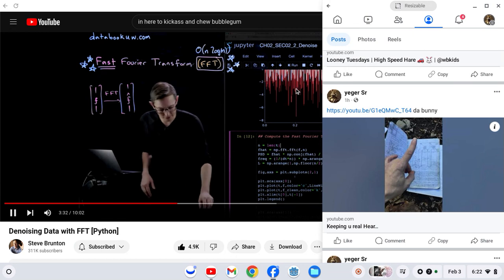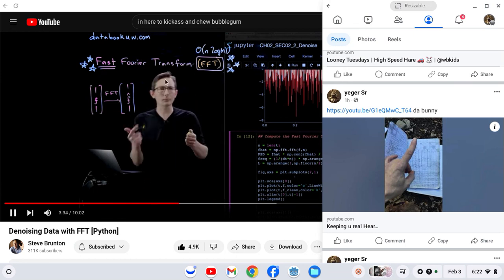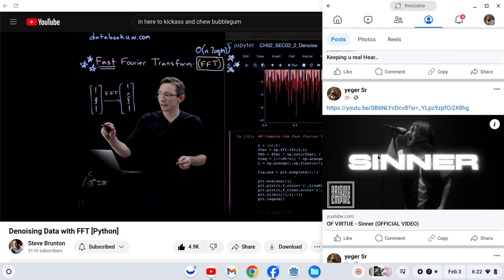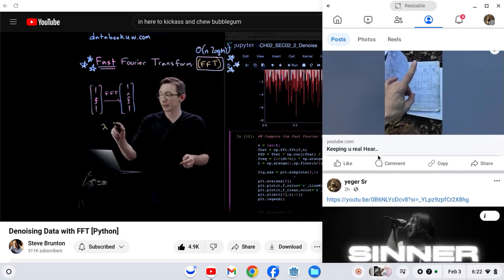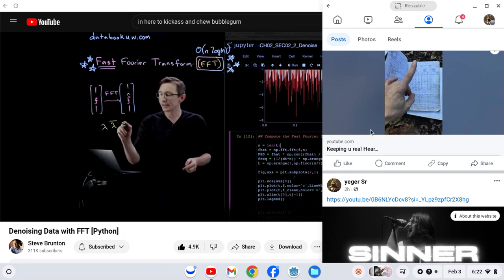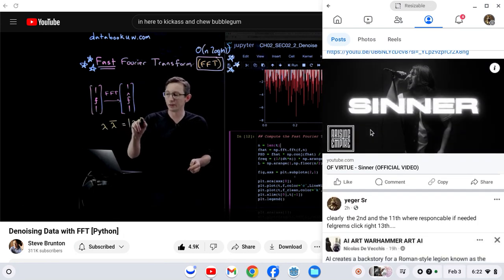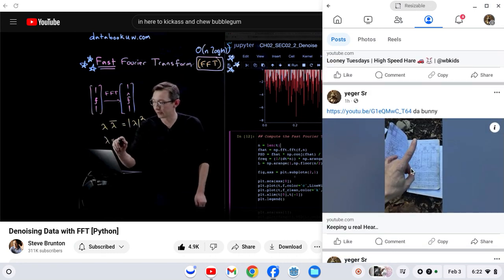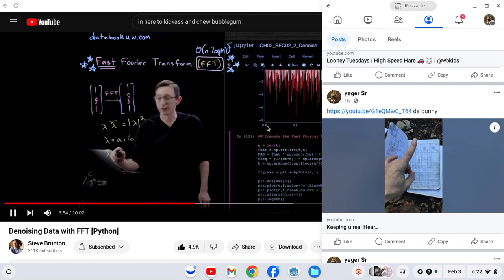I like to think of it this way: if you take some complex number lambda times lambda conjugate, this is essentially going to give you the magnitude of lambda squared. If lambda equals a plus ib, then lambda conjugate would be a minus ib.